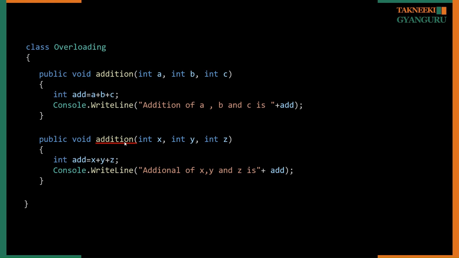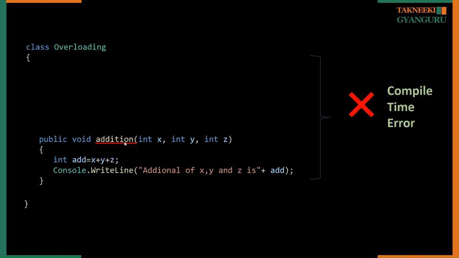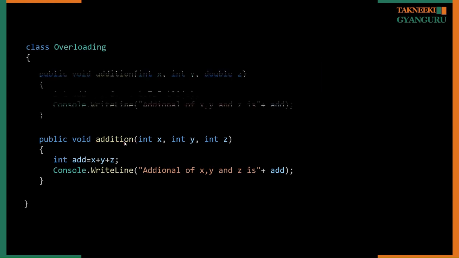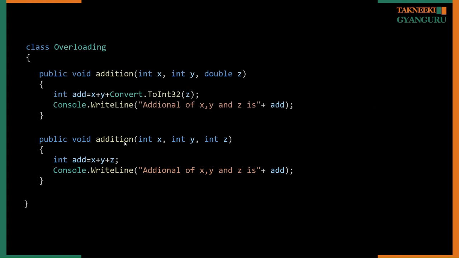But if we remove this one and create one more method, like we have created one method addition, and the input parameters are int x, int y, double z. Here we are defining the same name, but the types are different, right?